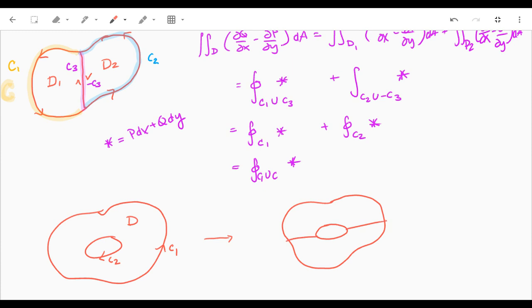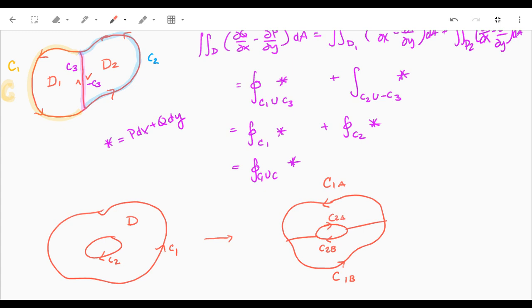Now I'm going to split it up, and on top here, I'm going to have C1A, and on the bottom, I'm going to have C1B. So I've split curve C1 into the top half and the bottom half. And then same with C2, I'm going to have C2B and C2A.